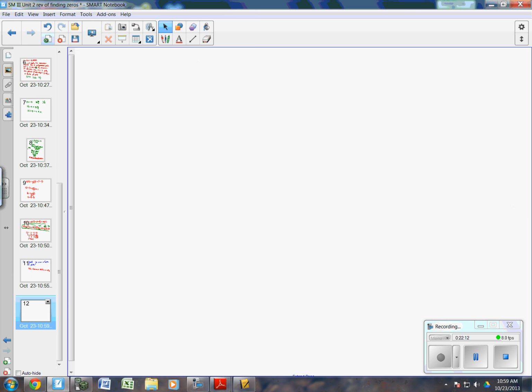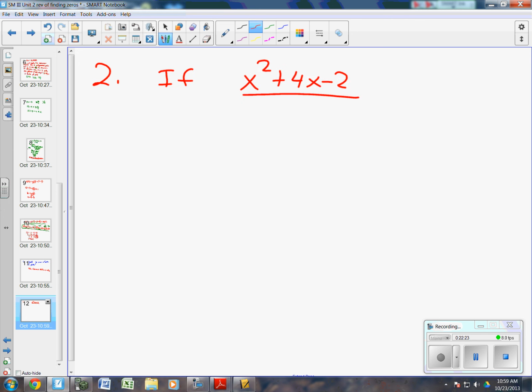Problem 2. Okay, so you're given that x squared plus 4x minus 2 over x minus 3 equals x plus 7, remainder 19.